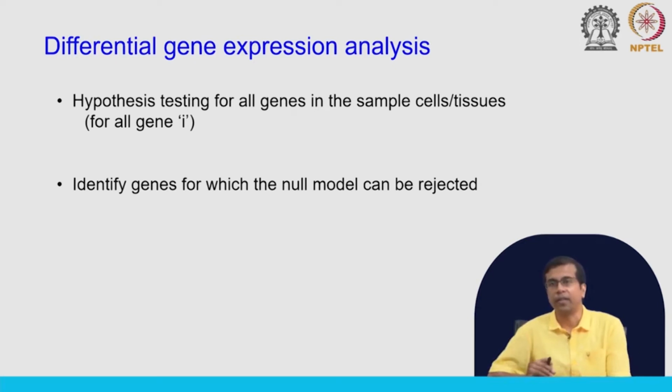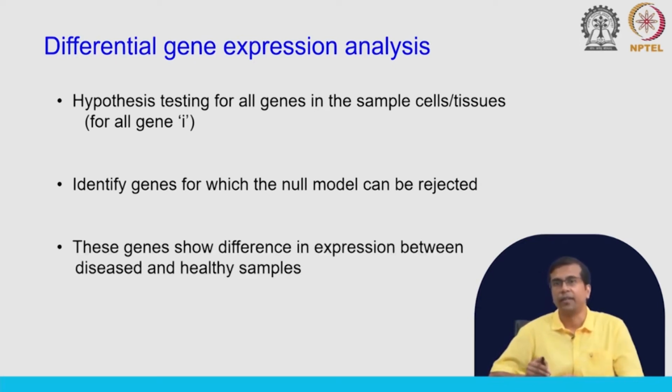This helps us identify the genes that show difference in expression. This is the most important part: we want to identify the genes that show difference in expression between, for example, diseased and healthy samples. This is the goal at the end.